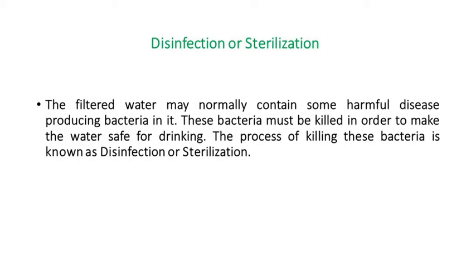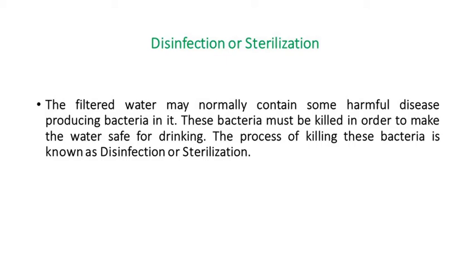Now, what are the different disinfectants which are used for the disinfection process? If you are considering the methods of disinfection, the first one is chlorination. It is one of the major and most acceptable methods used for disinfection.